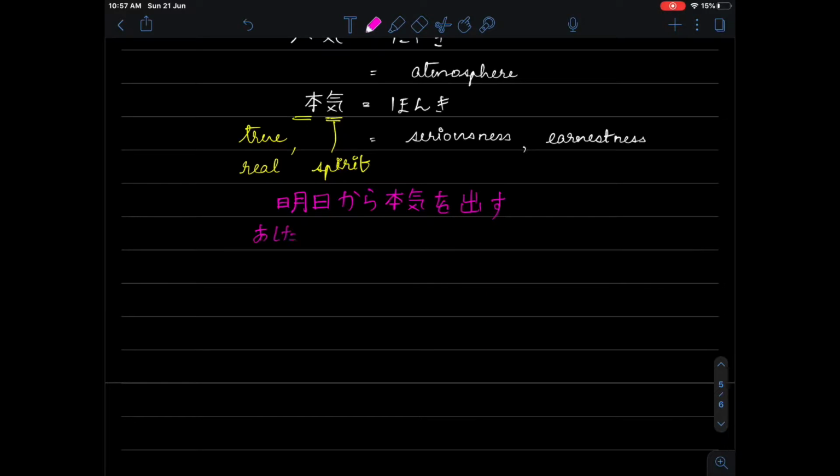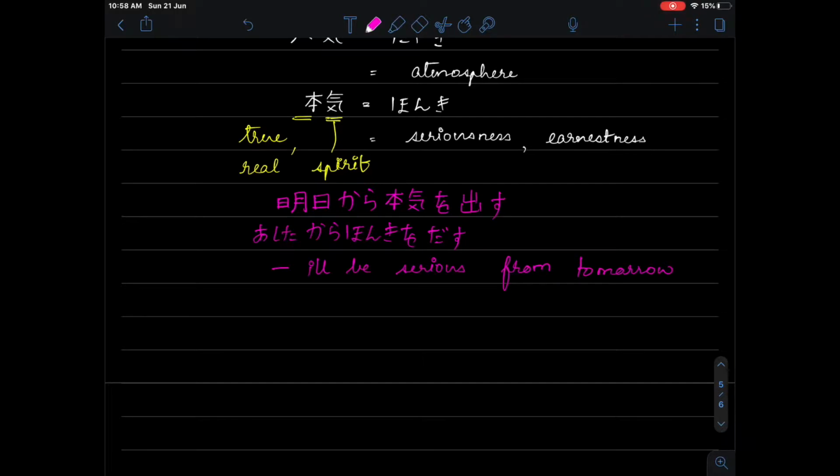This is ashita kara honki o dasu, 明日から本気を出す, which means I'll be serious starting tomorrow. Or okay, let's not say starting. I'll be serious from tomorrow.